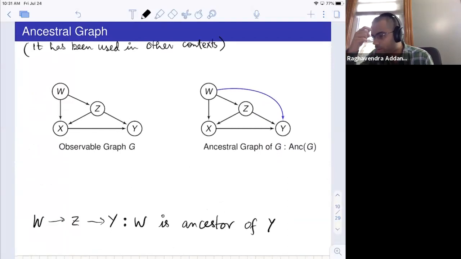So what's an ancestral graph? Basically, it's the transitive closure of the observable graph.